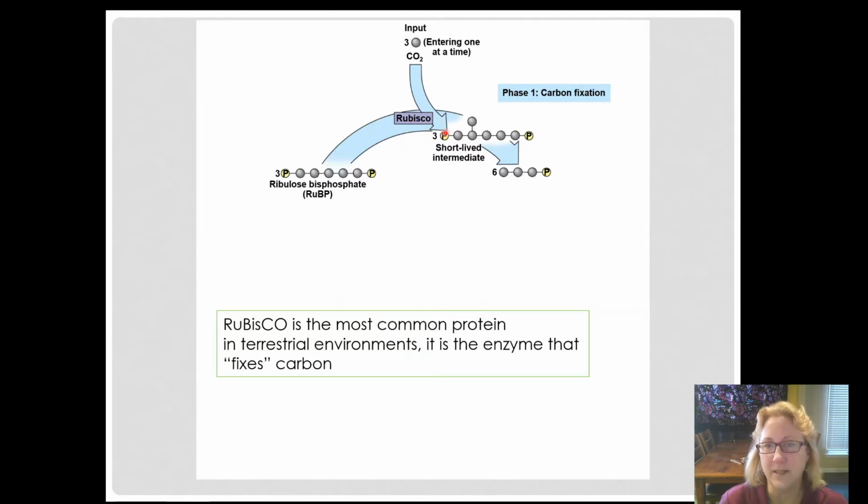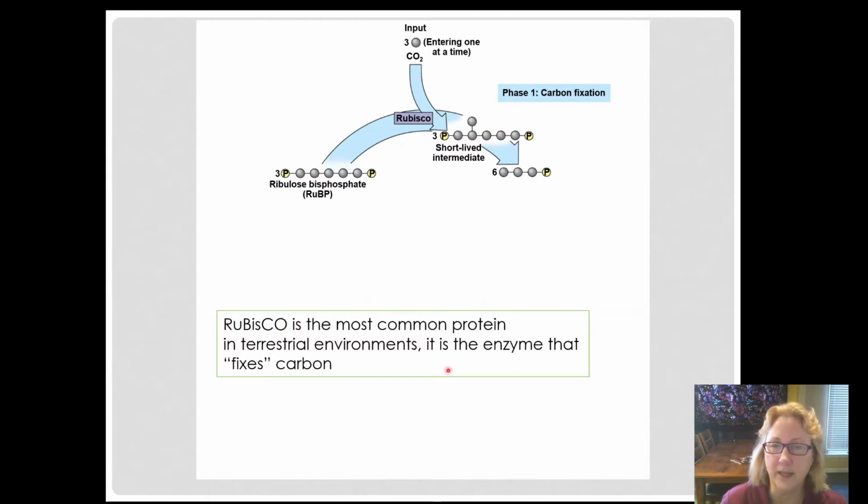RuBisCO is the enzyme that catalyzes this reaction. And the real way we should write RuBisCO is like this, because it's actually an acronym for a really long enzyme name, ribulose bisphosphate carboxylase oxidase. Because nobody wants to say that over and over again, we just shorten it to RuBisCO.